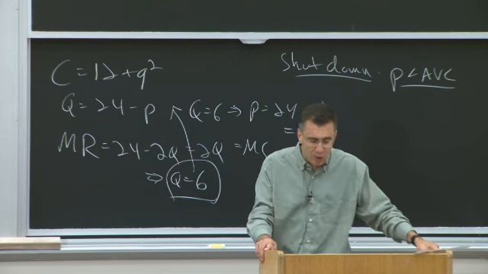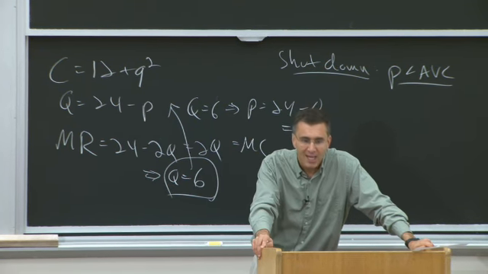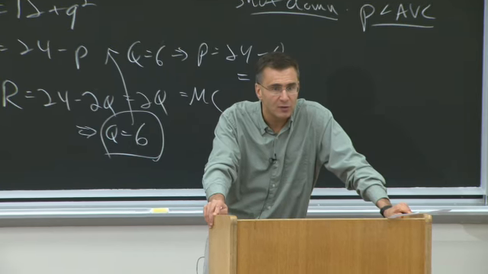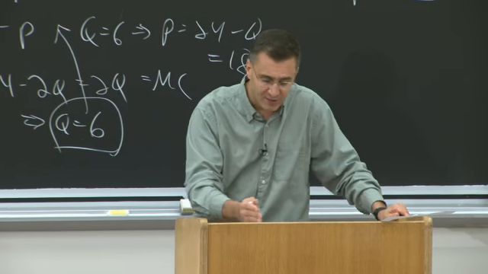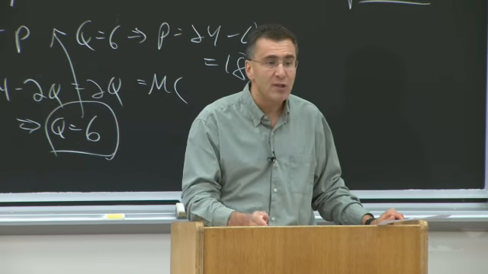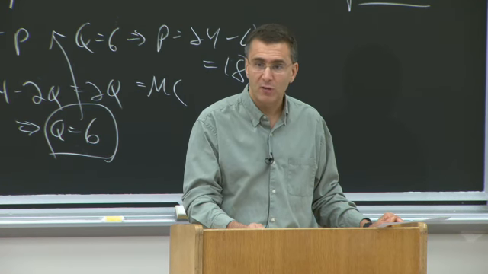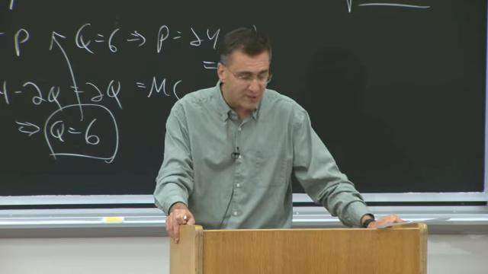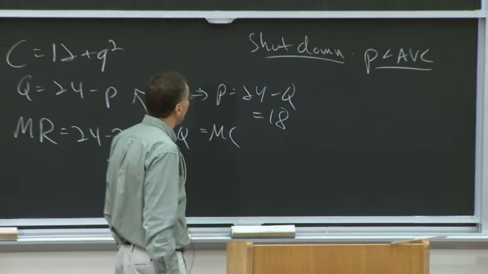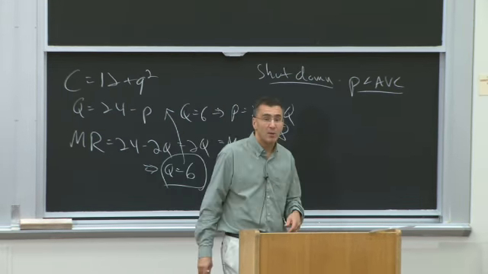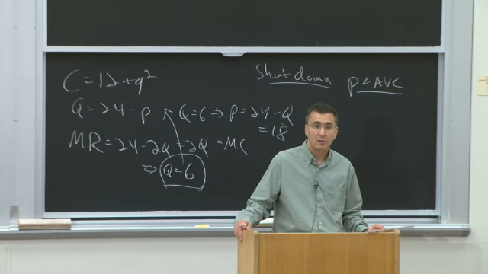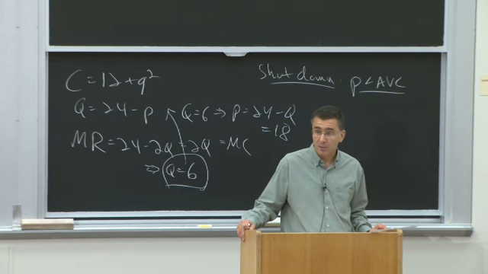And what you should be able to demonstrate to yourself is that if the monopolist, selling 6 units, sold a 7th unit, they would lose money on it. What happens if they sell the 7th unit? Well, then their price would have to be 17, right?